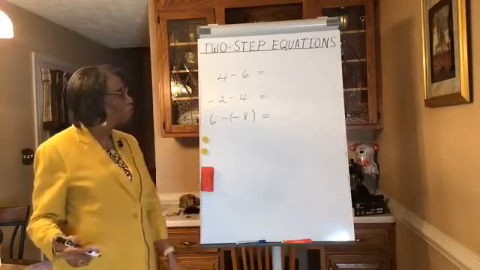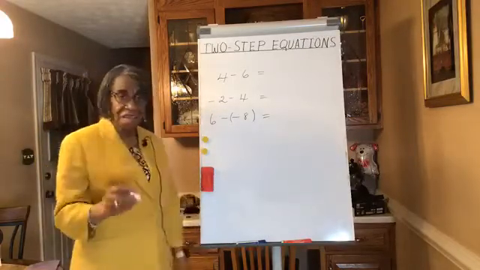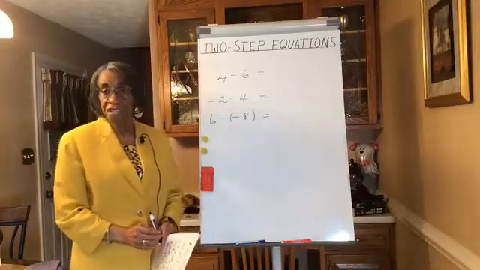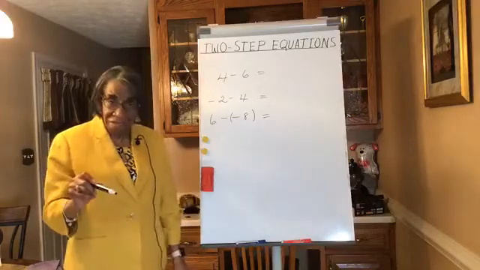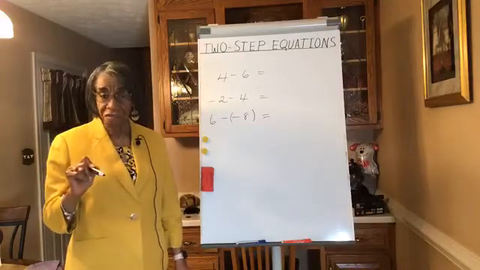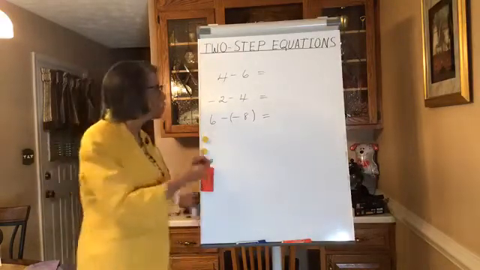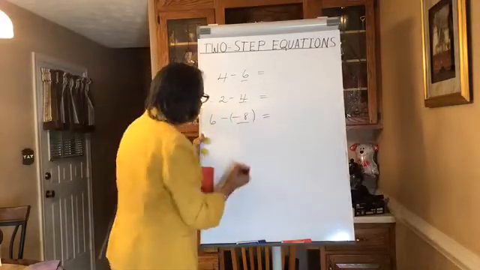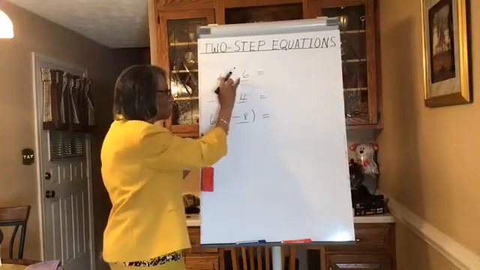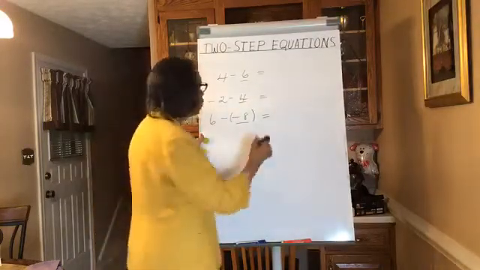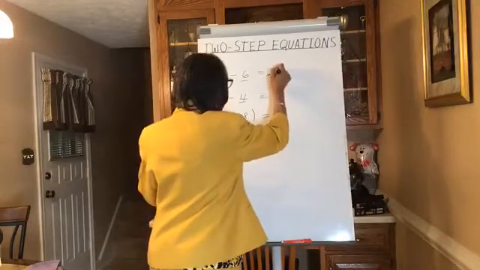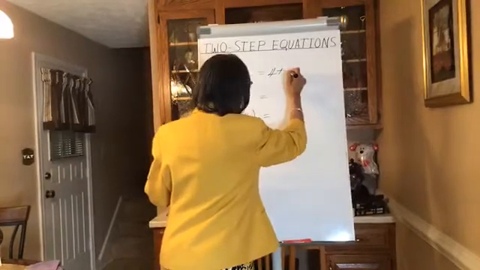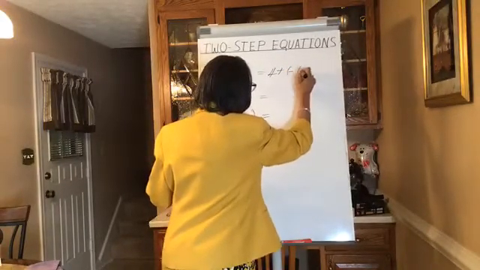All right, let's see how well you did with that. We have said that subtracting integers is the same as adding the opposite of the integer that follows the minus sign. So these are the integers that follow the minus sign. These are the minus signs. All right, so for the first one then, it's 4 plus the opposite of 6, 4 plus negative 6.